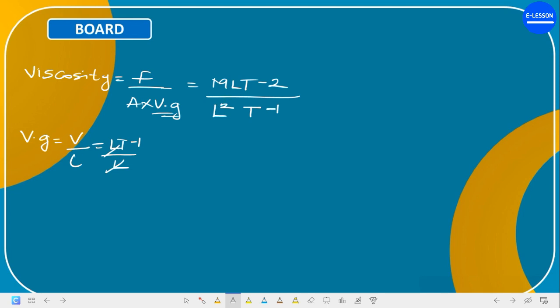So if we do this algebra, or this arithmetic, what are we going to have? We have M L, and the L comes up and becomes minus 1, then T^-1. And this is the dimension for viscosity.